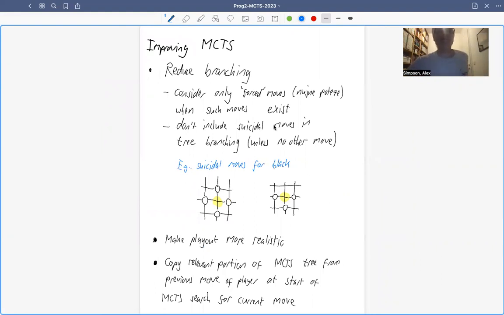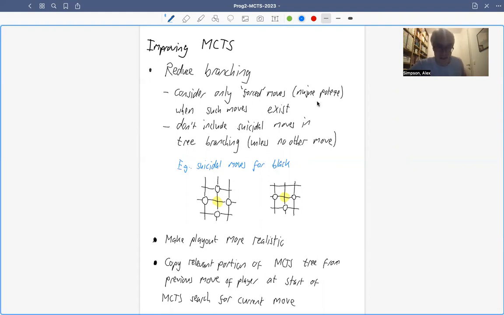So one thing one can do is reduce the branching. I already mentioned that when forced moves exist, only consider forced moves in the tree, and also only consider forced moves in the random playoff as well.